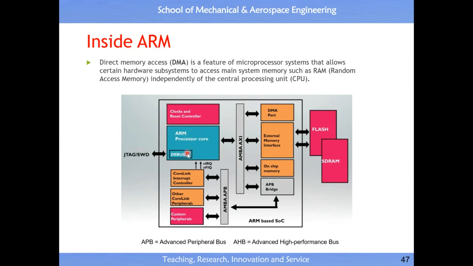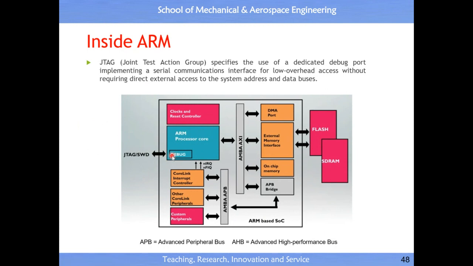You can directly download the program from your computer to the memory, through this direct memory access capability. And this is to provide an interface between the microcontroller and your development computer.